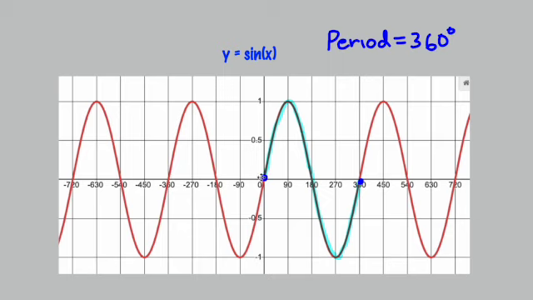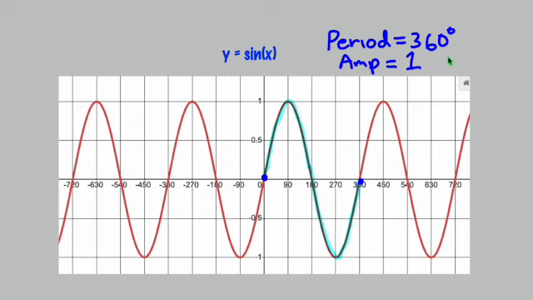Also, there's another thing you can define this graph by, and that is the center line of the graph is when y equals 0, and the highest it goes is 1. So we talk about something called an amplitude, and I'm just going to say AMP for sake of brevity here. So amplitude here would be 1. Either you can go from the highest to the lowest, and then that would be a distance of 2, and then divide by 2, or you can just go from the center line up to the highest, and that would be your amplitude.